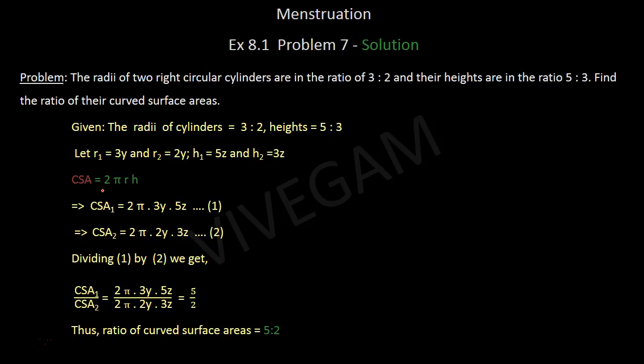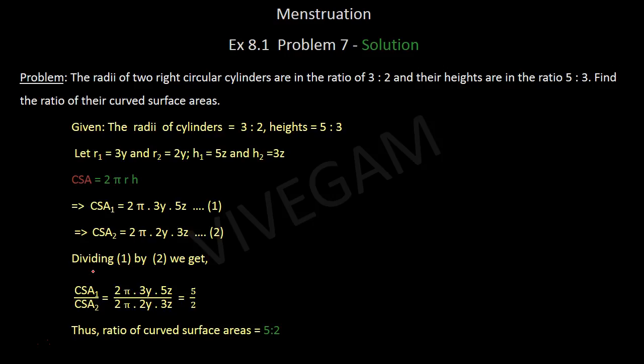CSA is given by 2 pi RH. First step, substitute R1 equal to 3y and H1 equal to 5z in this formula to get CSA1, the curved surface area of cylinder 1, which becomes 2 pi into 3y into 5z. Similarly, the curved surface area of the second cylinder is 2 pi R2, which is 2y, and H2, which is 3z.